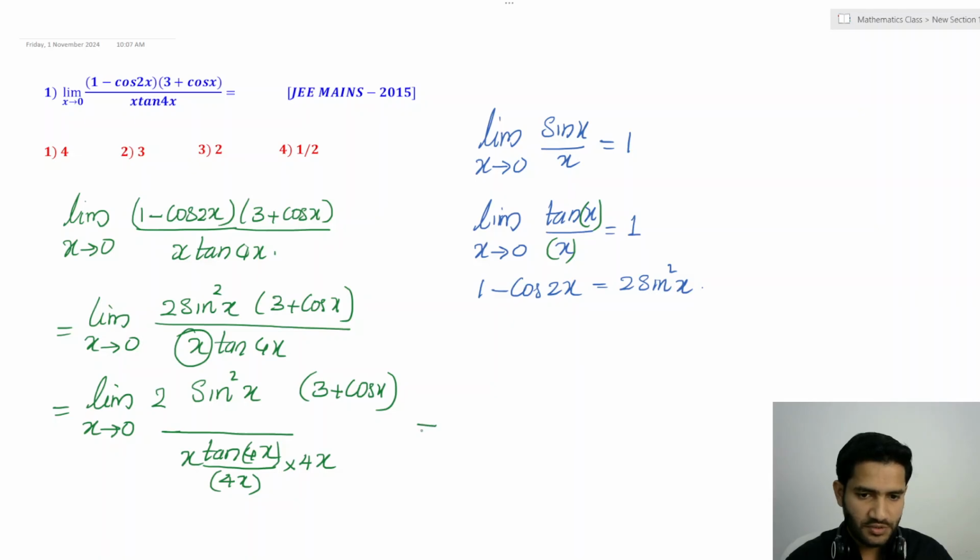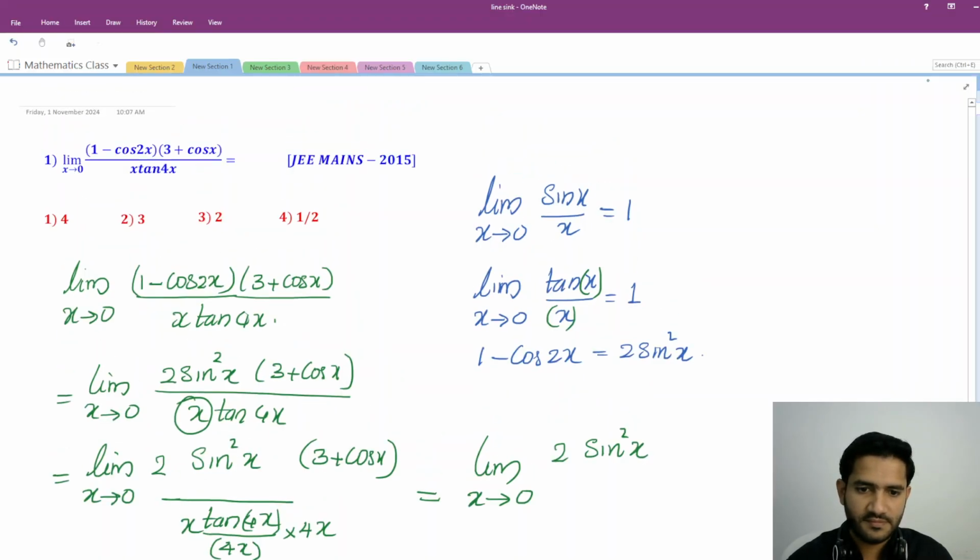Now listen very carefully. Limit x tends to 0, 2 is the constant, sin square x is there. Here we have an x, here we have another x.